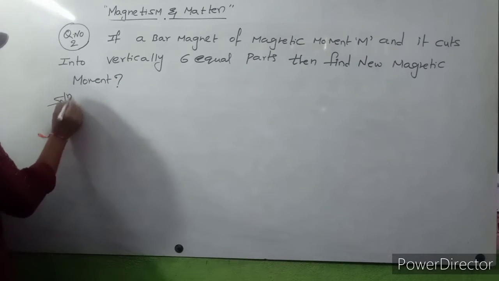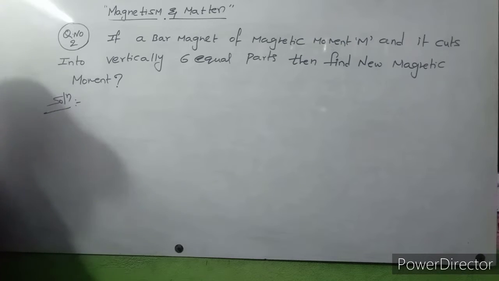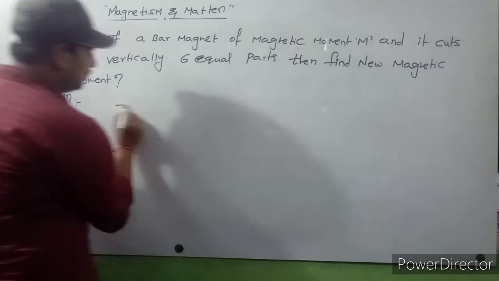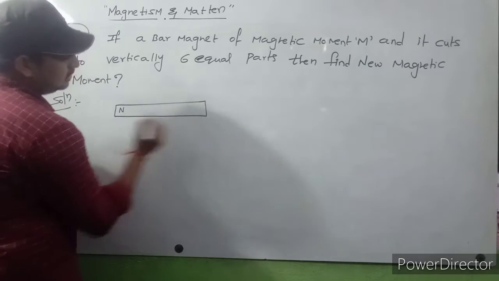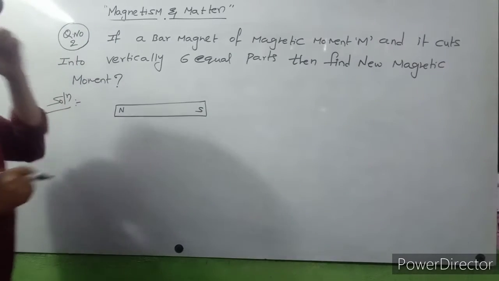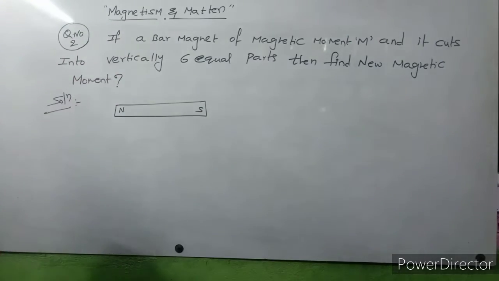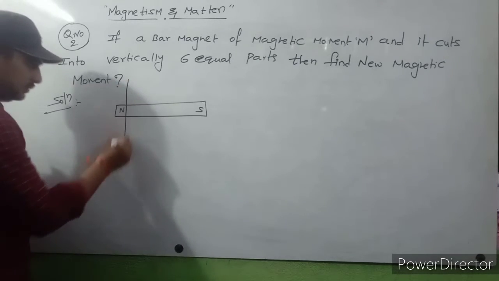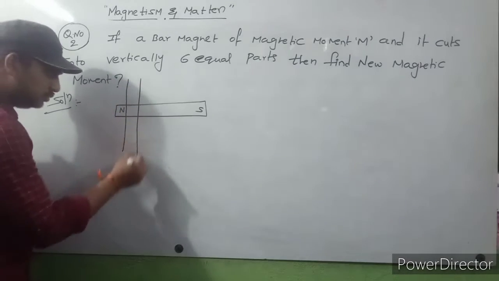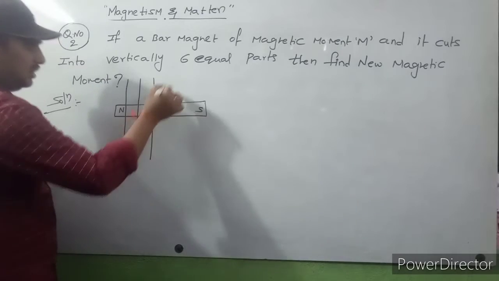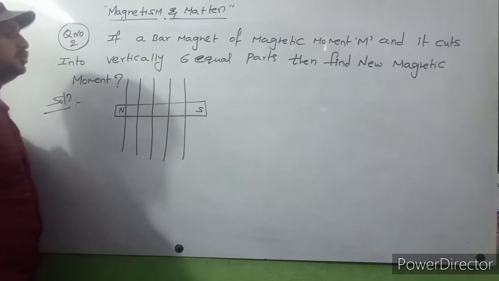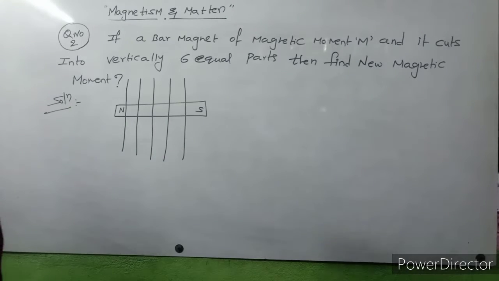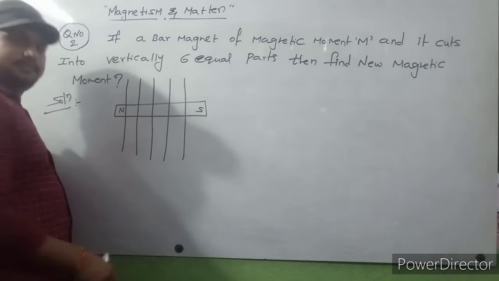So what is the solution? This question is very easy to solve. This is a bar magnet. It contains a north pole and a south pole. It is cut into 6 equal parts. So this is 1, here is 2, 3, 4, 5, 6. So total 6 equal parts we are cutting, and that too vertically.